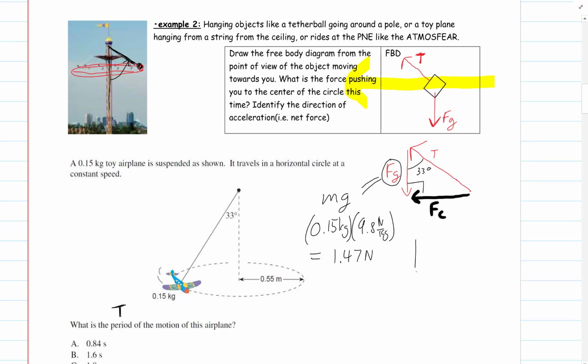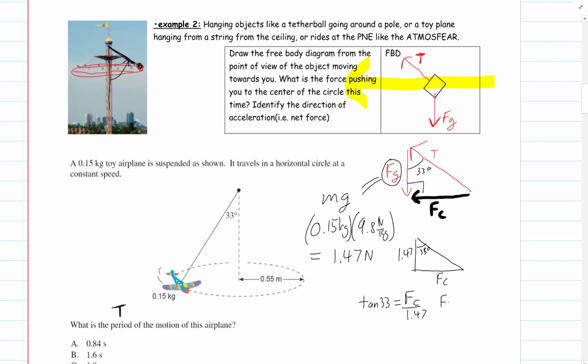So in a triangle, let's just redraw it without all the confusion in this. This is 1.47 and this angle is 33. And we want to get this opposite, this FC. So FC is going to equal, because the tan of 33 is going to equal FC over 1.47, opposite over adjacent.